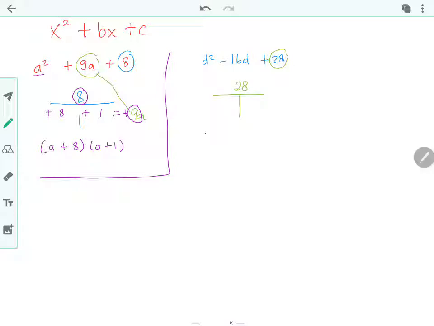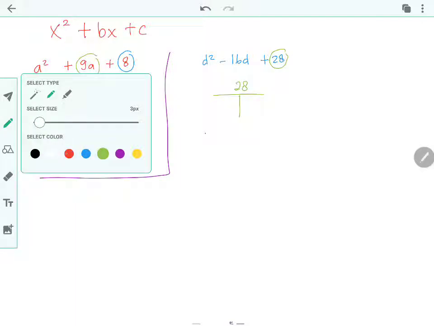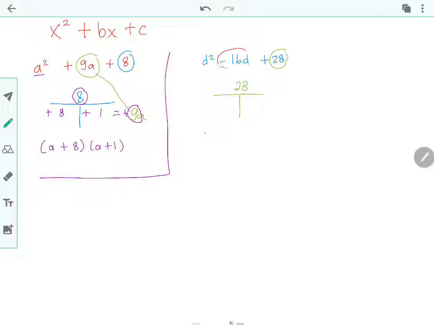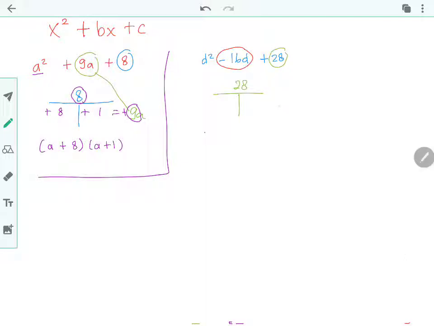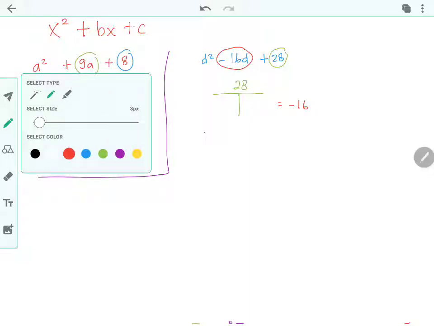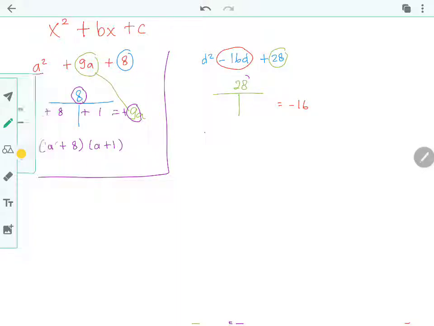Then next, you use the middle number here as the sum of the factors of 28. To make it easy for you, you need to find two numbers. If you multiply them, it will equal 28, but if you add them, it will equal negative 16.